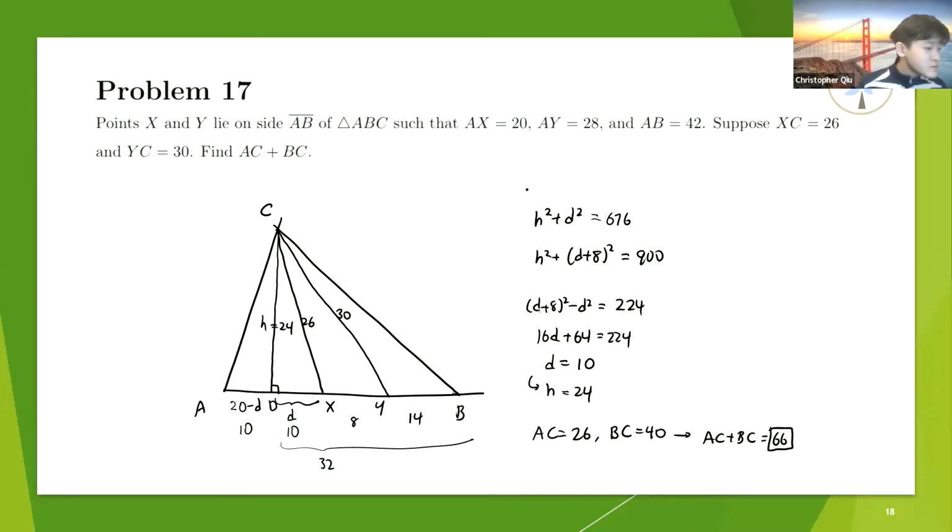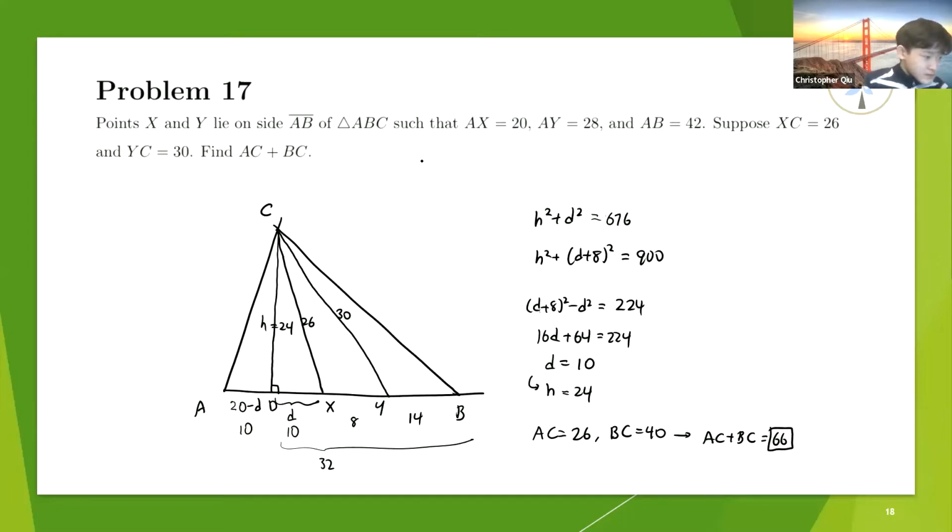All right, so I think it's probably also possible for CXY to be acute. Based on the way I drew this diagram over here, it makes sense for angle CXY to be obtuse. But I guess technically there might be another way we can draw this diagram, which makes CXY acute.